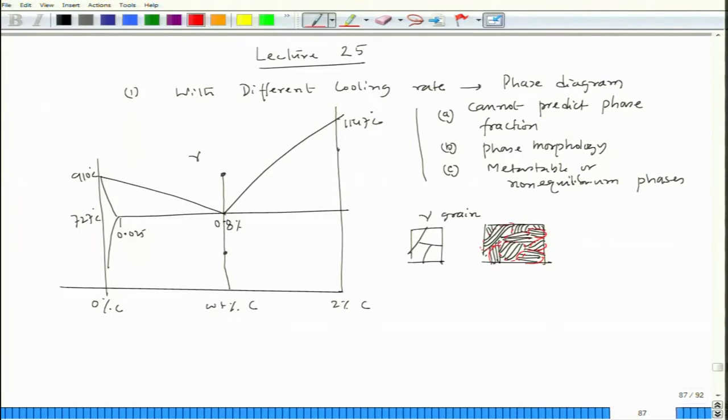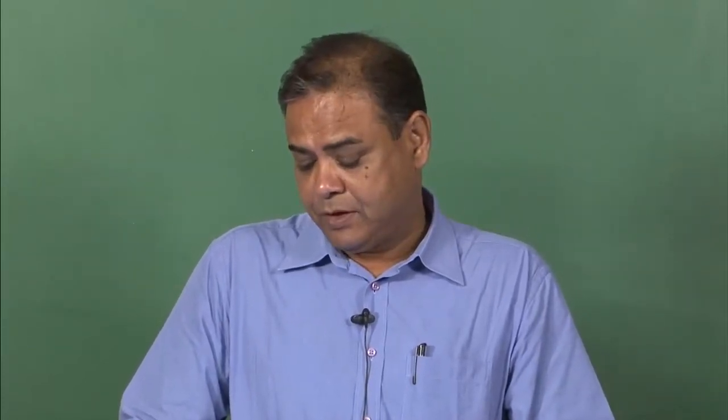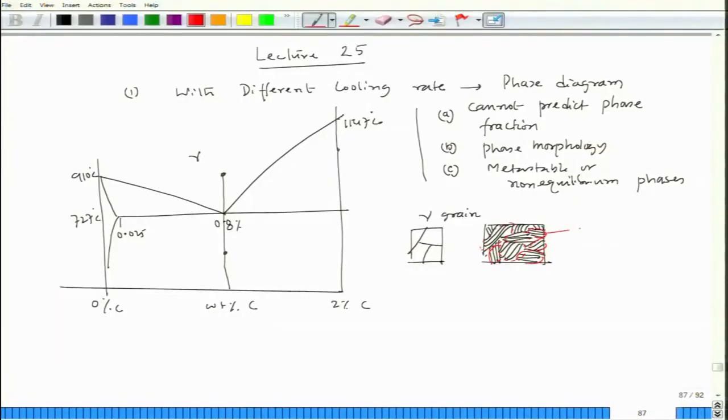So, now you see that there are blocks which have almost a kind of parallel distribution of cementite and ferrite lamellae. But there is no as such grain boundary. We call these regions a colony of Pearlite.